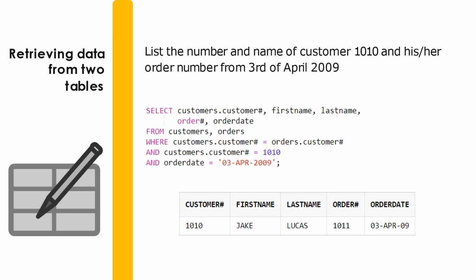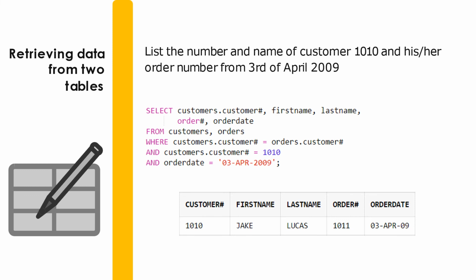If we are retrieving data from two tables, and we have multiple conditions, we can do so using the following. For example, listing the number and the name of customer 1010 and his or her order number from the 3rd of April 2009. As we can see, we're getting data from the customers table and the orders table. And we are joining the two tables using the customer number in the customers table and the customer number in the orders table.